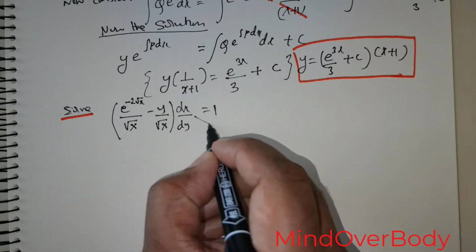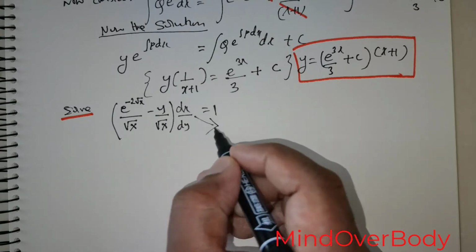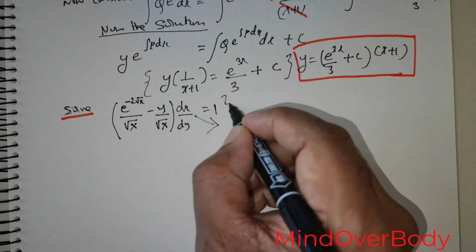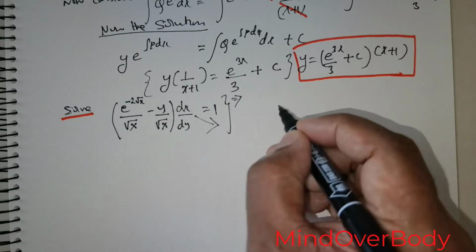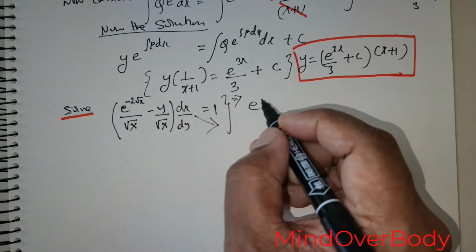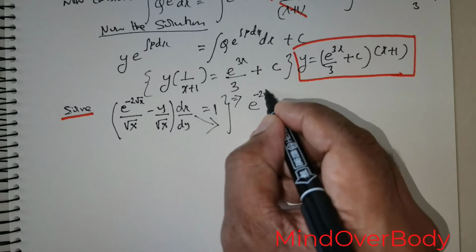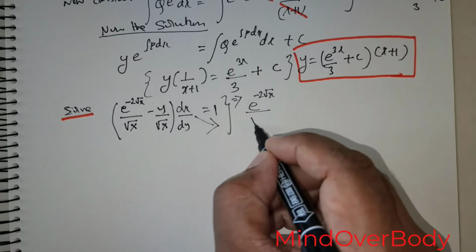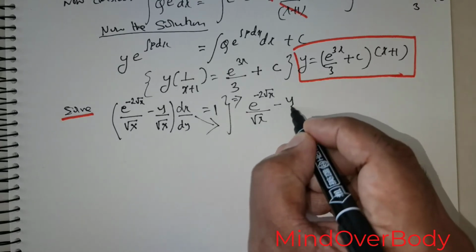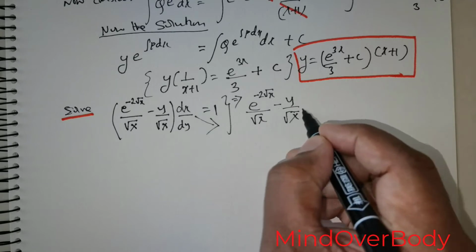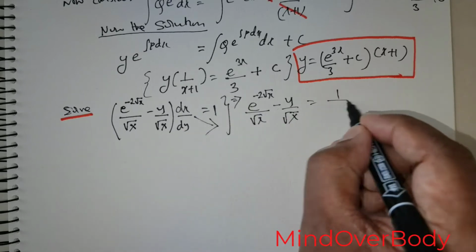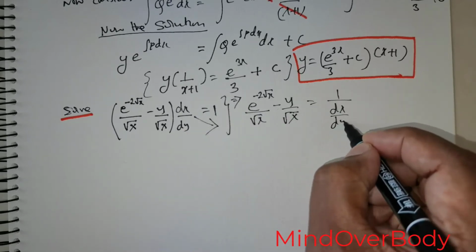So what I wish to do is move dx over dy down. So I now have e raised to the power of negative 2 times root of x divided by root of x minus y times root of x is equal to 1 over dx over dy.